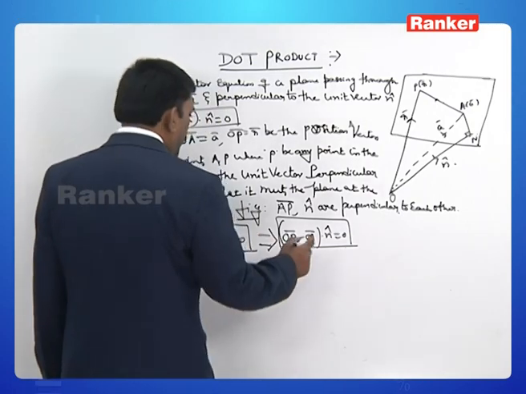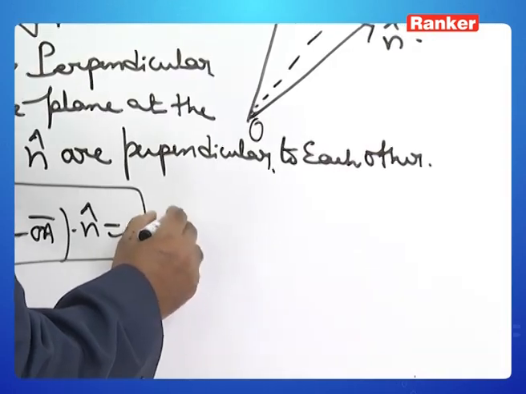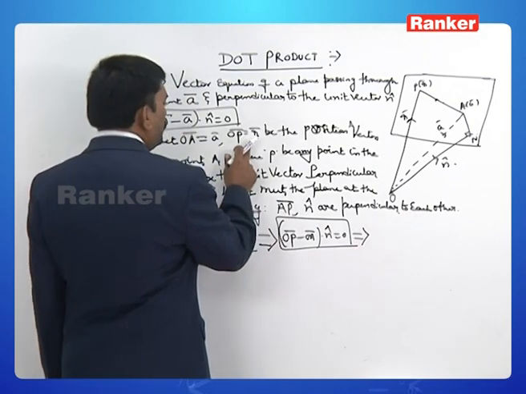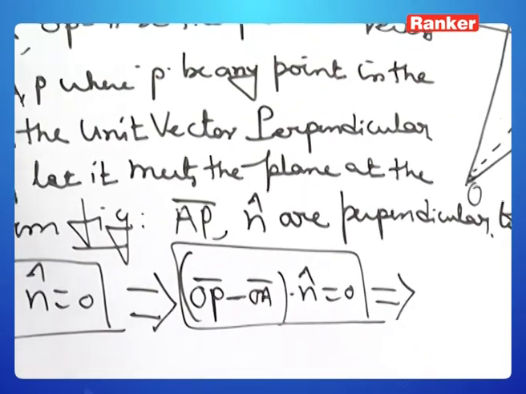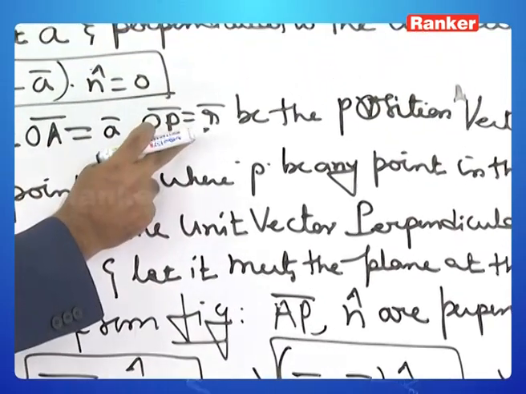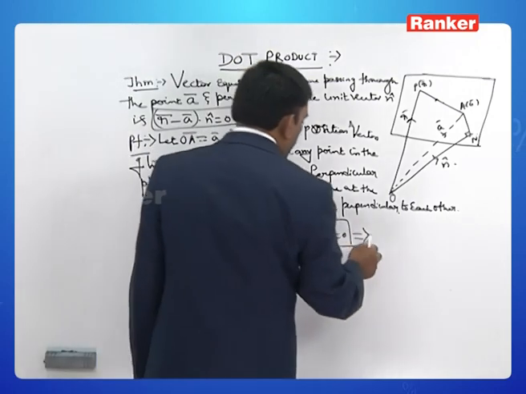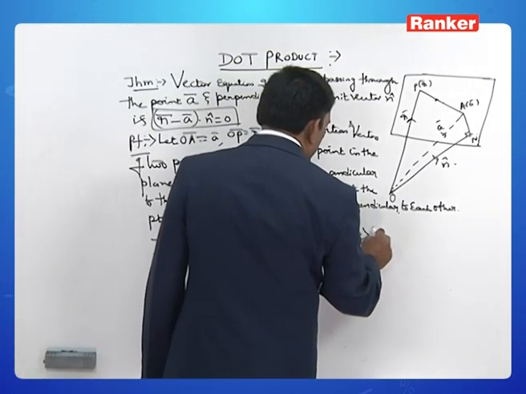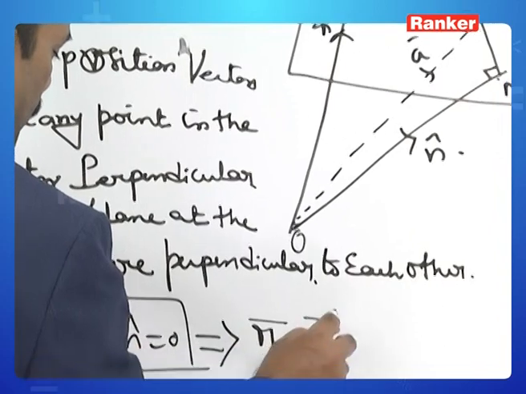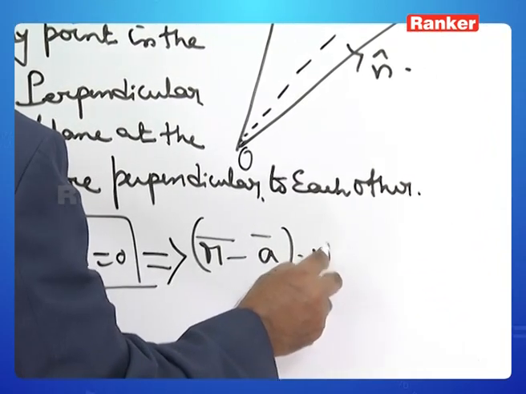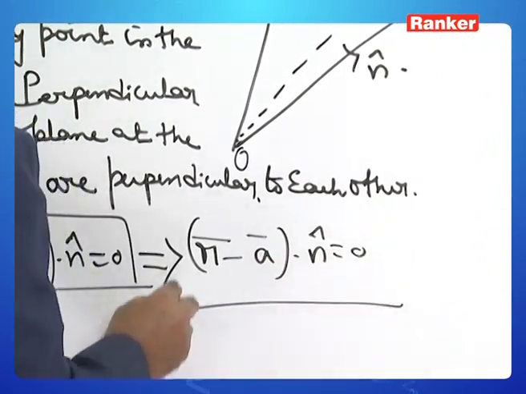Which implies, OP bar is equal to what? R bar. OA bar is equal to what? A bar. OP bar is equal to R bar, OA bar is equal to A bar. I can write R bar minus A bar dot N cap is equal to 0.